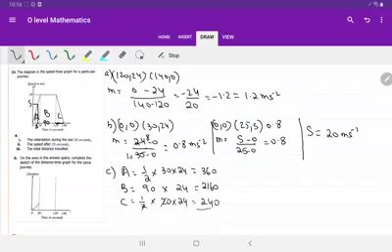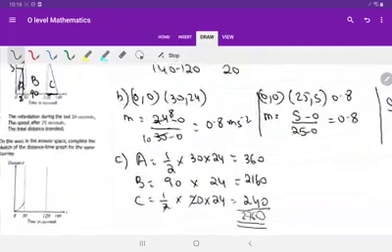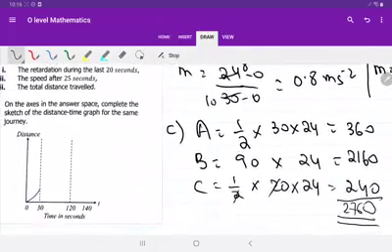This is 240. So the total distance traveled is 2160 plus 360 plus 240, that is 2760 meters. And since we need to sketch the distance time graph, please realize that this is 360.